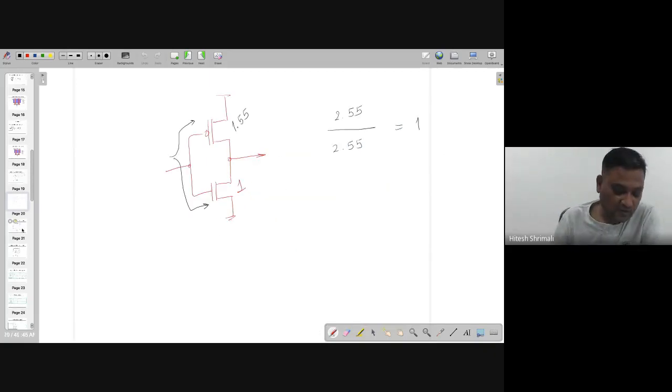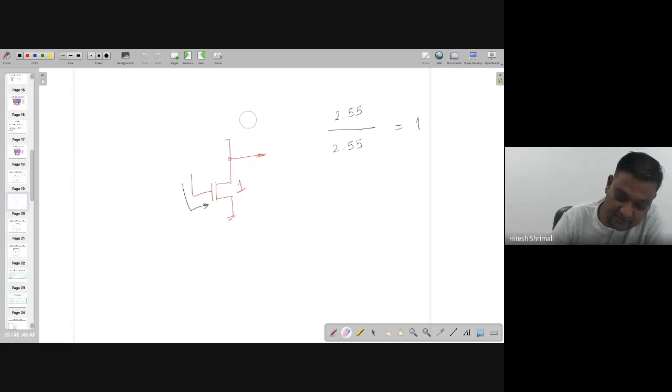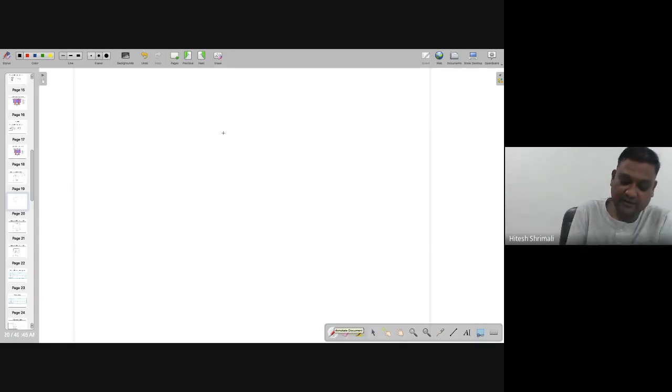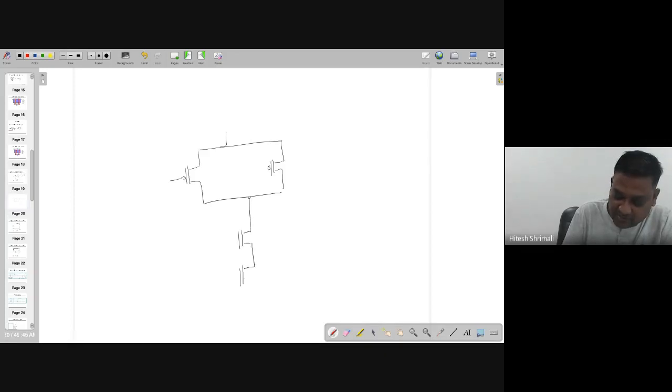Okay. Now I'm changing this to a different gate. Let's assume that I have this gate where the inputs are as follows.